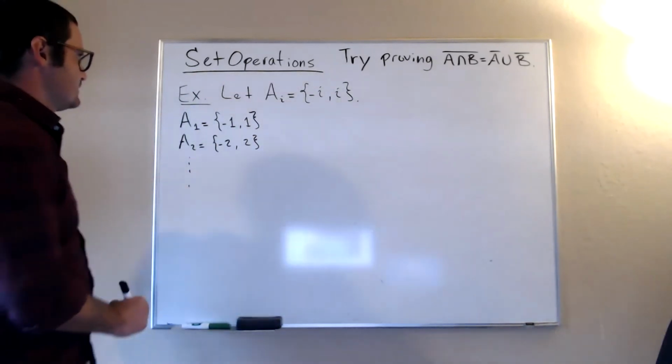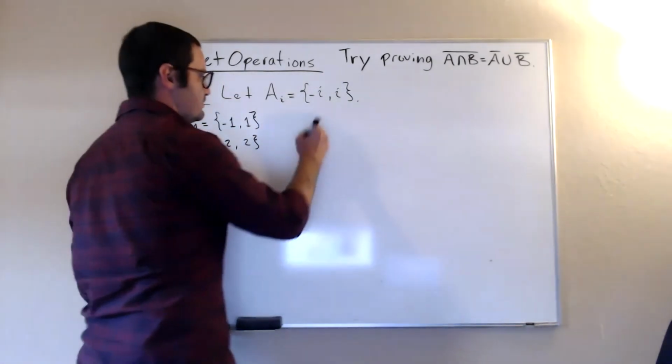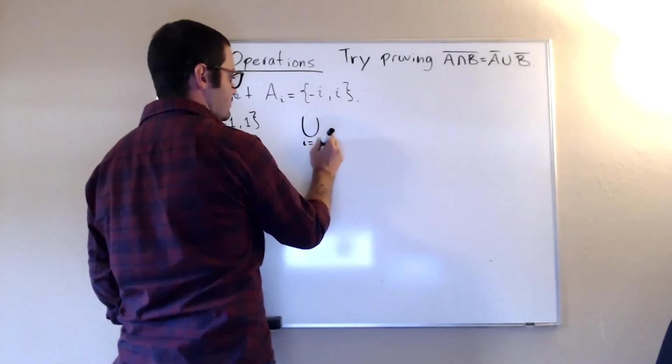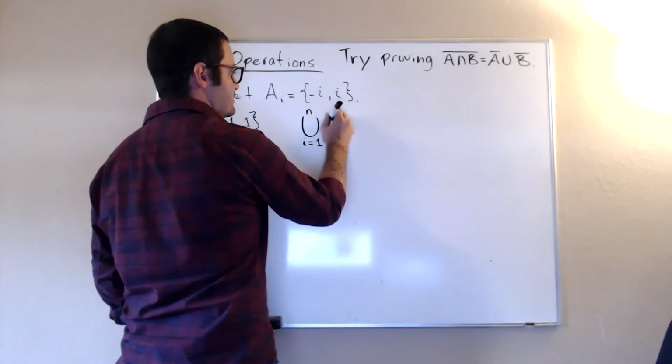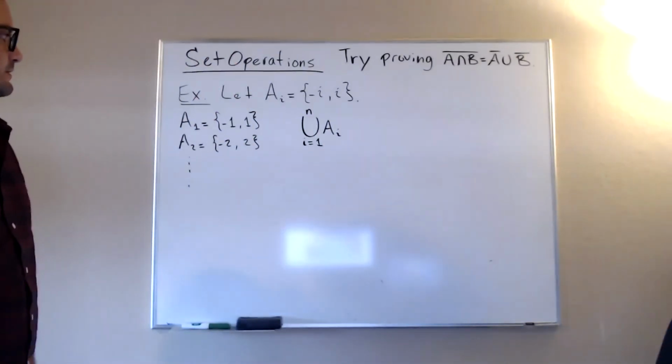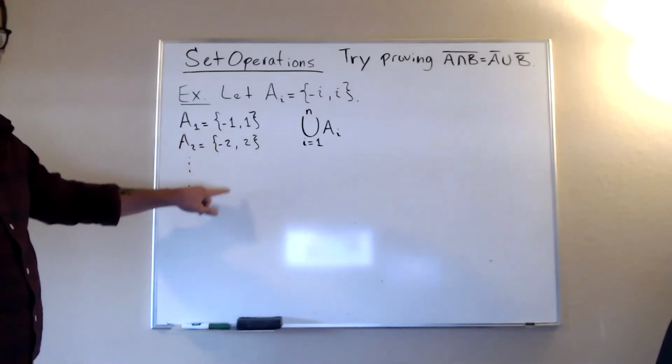So if we want to look at the union from I equals 1 to n of A sub I, then we're taking the union over all of these pieces here.